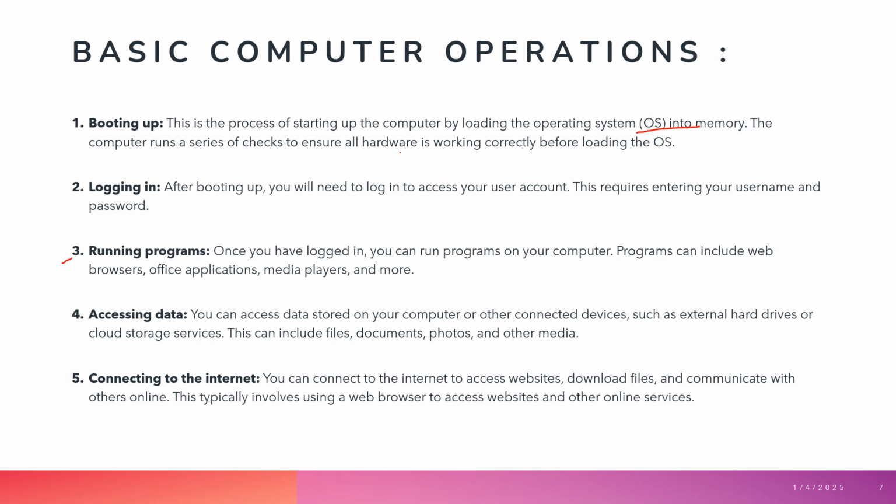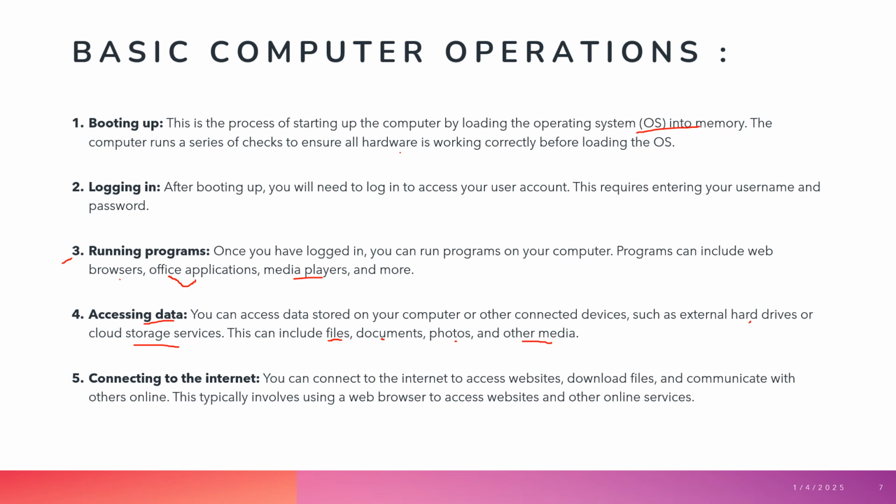A program can be anything. It can be a web browser, it can be an office application like Microsoft Word, or it can be media players. Once you log into your computer, the programs can be run on your system. The fourth is accessing data, wherein you can access your stored data that you have present in your system, or you can also access external hard drives, or in fact the cloud storage services as well, wherein the data can be files, documents, photos and other media as well.